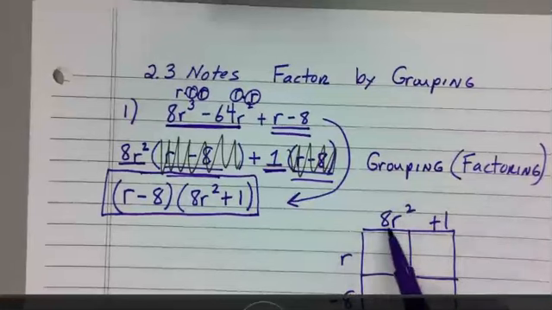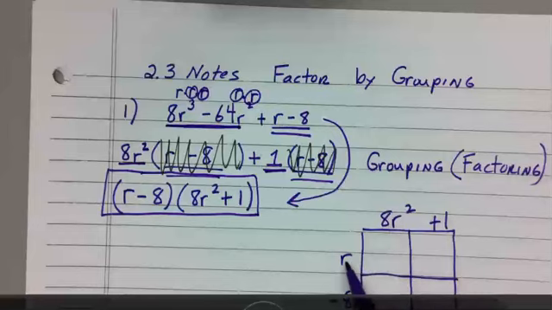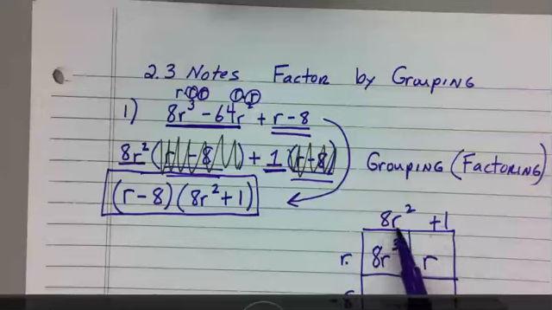So what's r times 8r squared? 8r to the third. Very good. What's r times 1? 1r. What's negative 8 times 8r squared? Negative 64r squared.